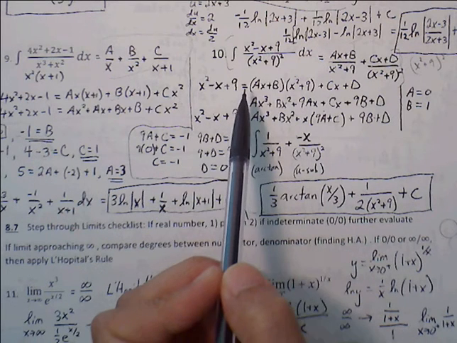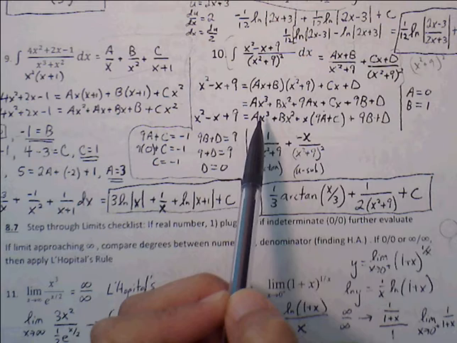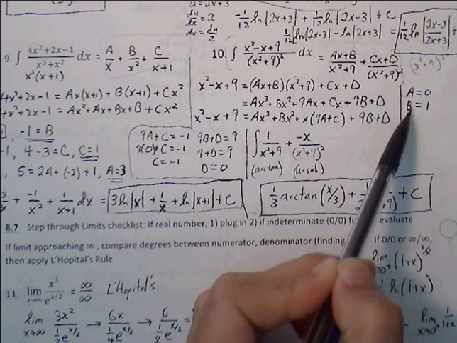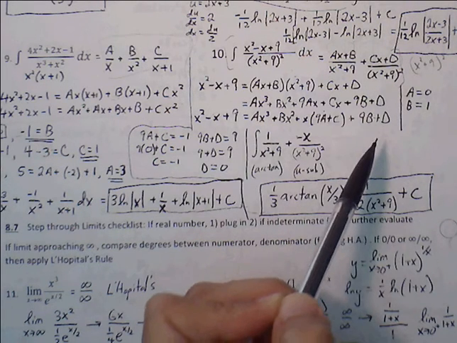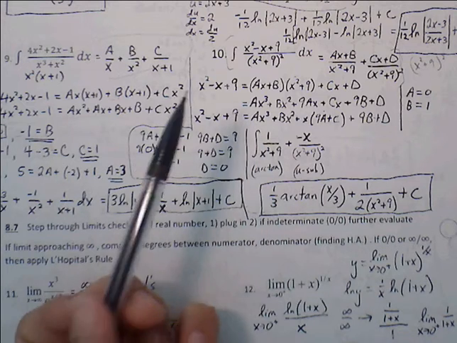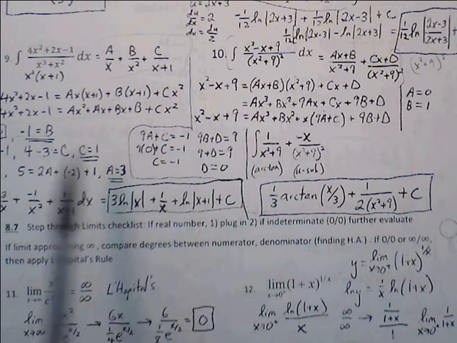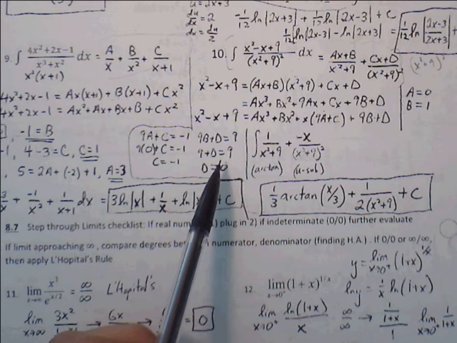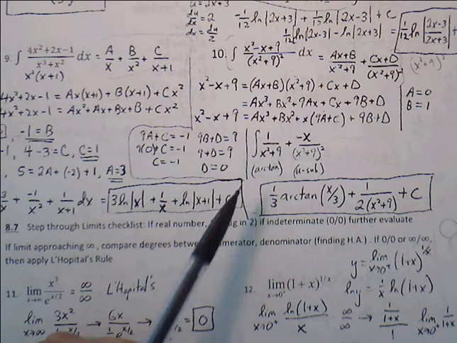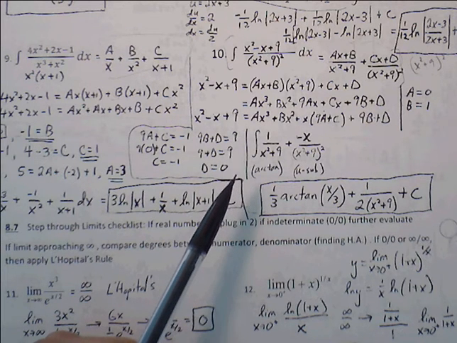So let's see if we can figure out a, b, c, and d by using some easy values for x. And so an easy value that we can use for x will be 0.